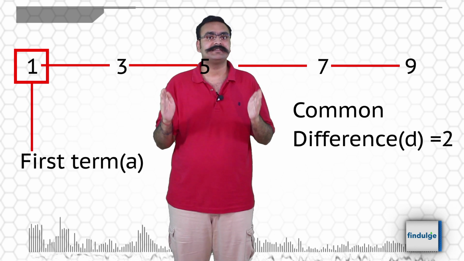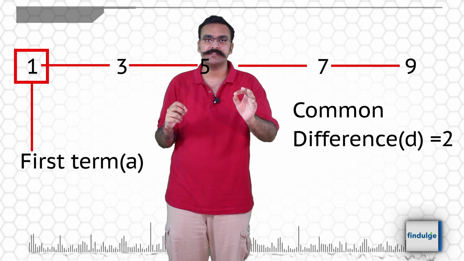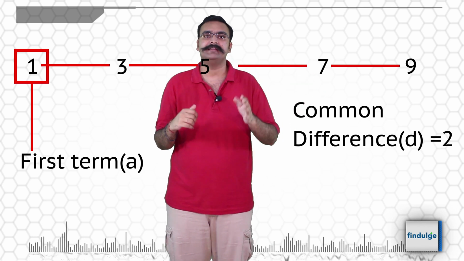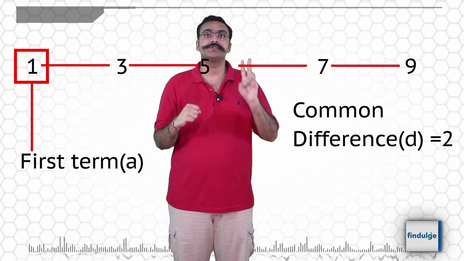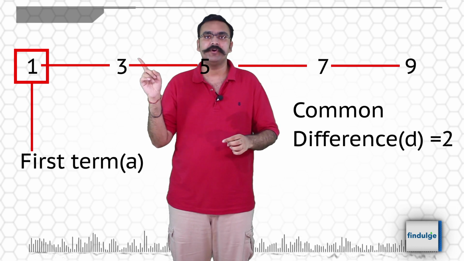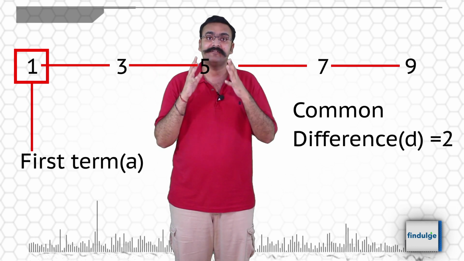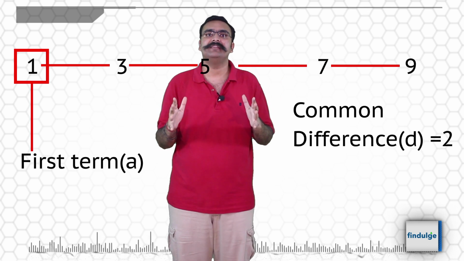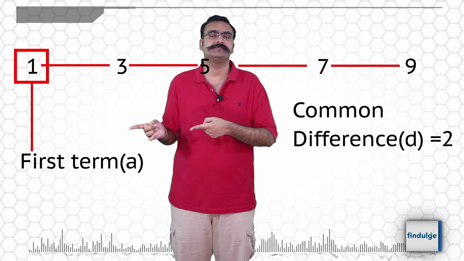Common difference is simply the difference between any two successive terms, with the later term minus the earlier term. These are your two most critical things that define your AP. If you have your first term and you know your common difference, you can find any number in the AP through the nth term formula.